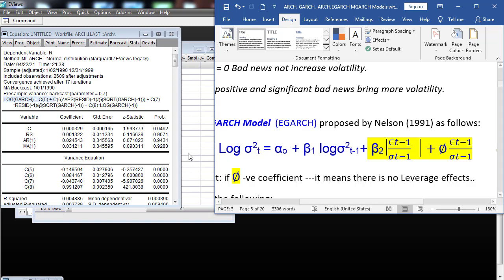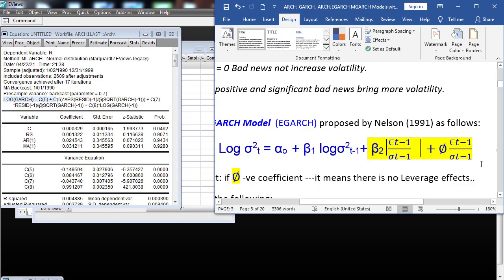Okay, let me say it again to make it more clear. C5, 6, 7, 8. C5, constant. C6, as you can see it here, the absolute. This is C6 here, which is positive and statistically significant. C7, residual lag 1 divided by square GARCH, which is this part here. This is absolute, which is C6, and this is the squared GARCH.